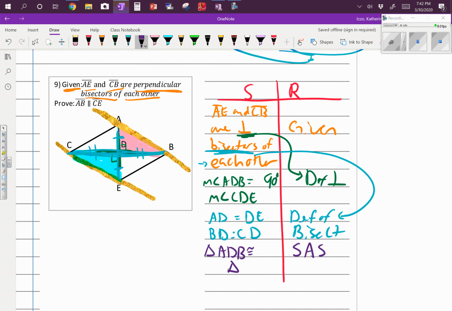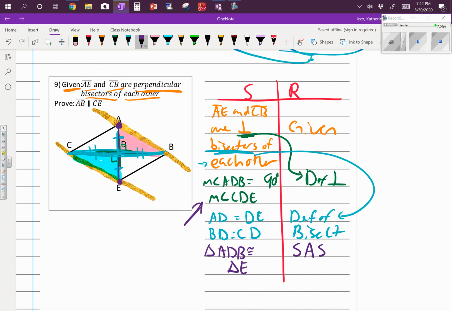Now, be very careful. I've seen a lot of you mess this up. So A is this point right here. The point that's going to match that with this one mark here is going to be E. Notice, when I did the angles, doesn't matter what order I put them in.